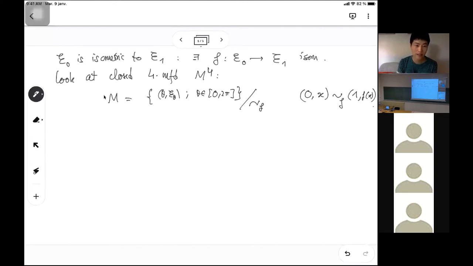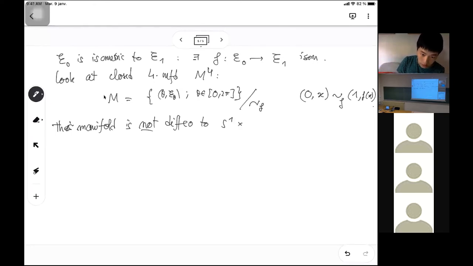So written like this, it's a little bit confusing. But it is true that this manifold is not diffeomorphic to the trivial product, so to say S1 cross R2. So locally, it is indeed an interval times S1 cross R2.